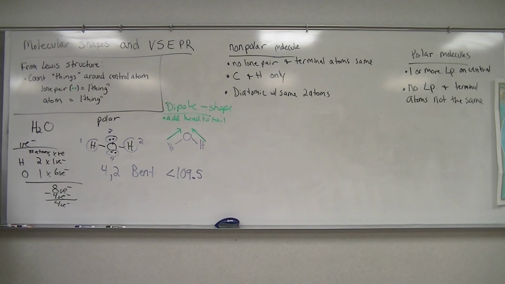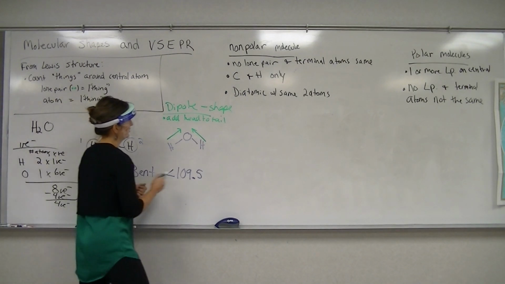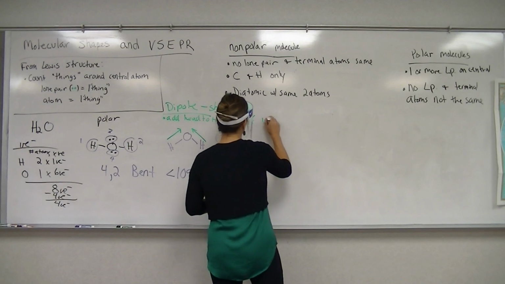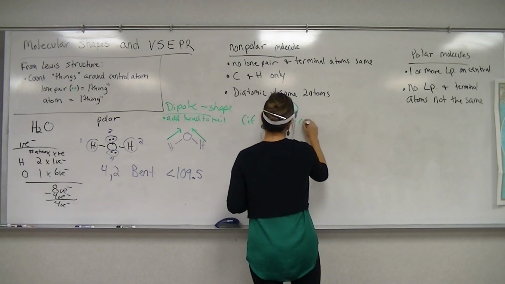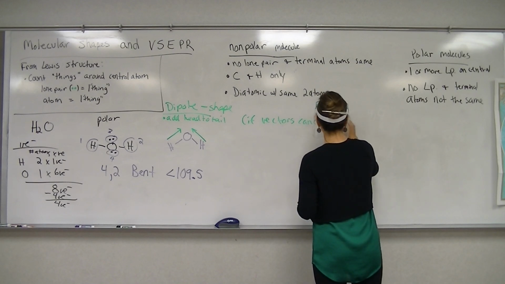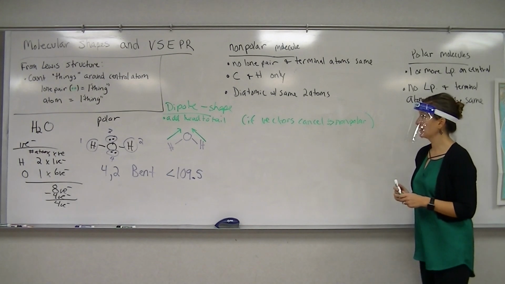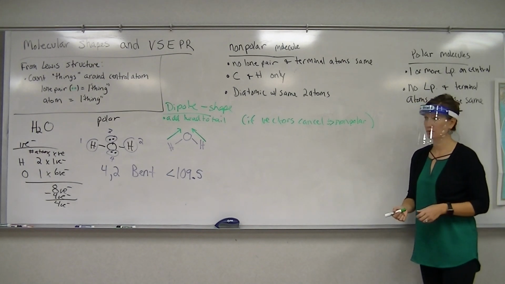So if the vectors do cancel, okay, it's going to be nonpolar. So if vectors cancel, we're going to have nonpolar. If they do not cancel, it's going to be polar.